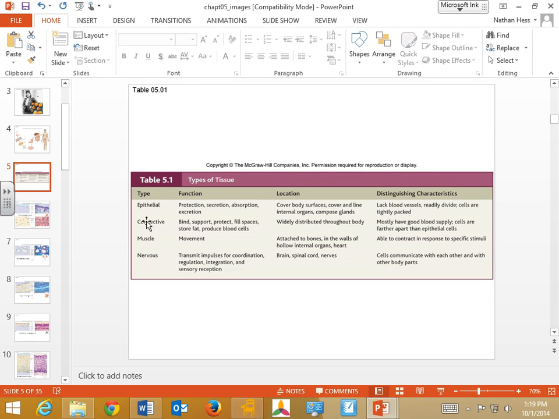Okay? The 2 you're probably not that familiar with are epithelial and connective. Epithelial tissue, this is what covers your body surfaces. It lines the internal organs. It makes up the glands of our bodies. The connective tissue is all the stuff that's kind of in between, kind of pulls everything else together.